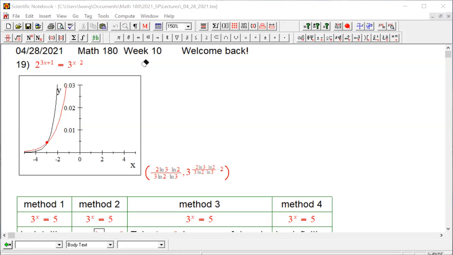So this curve is 2 raised to the power of 3x plus 1.